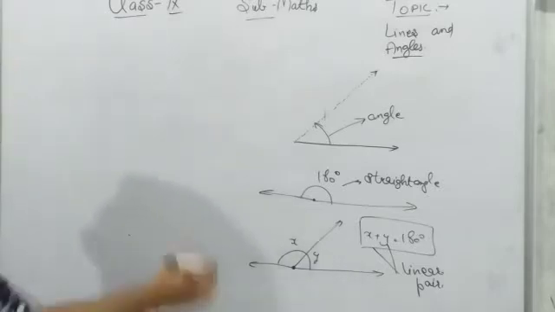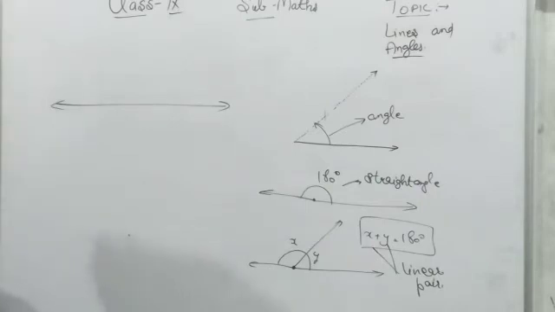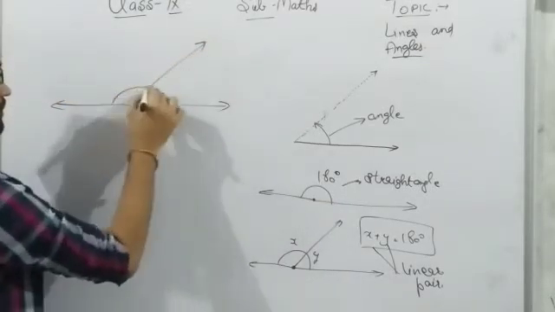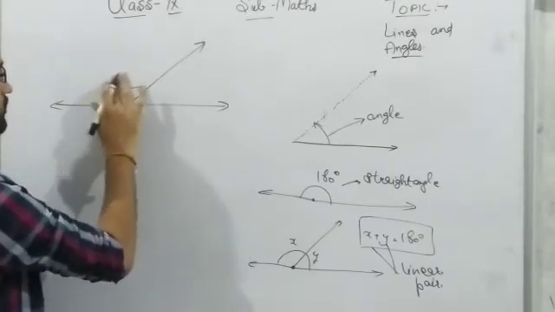Suppose there are 2 different angles x and y that are forming a linear pair, and the ratio between them is 2:6, or you can say 1:3.